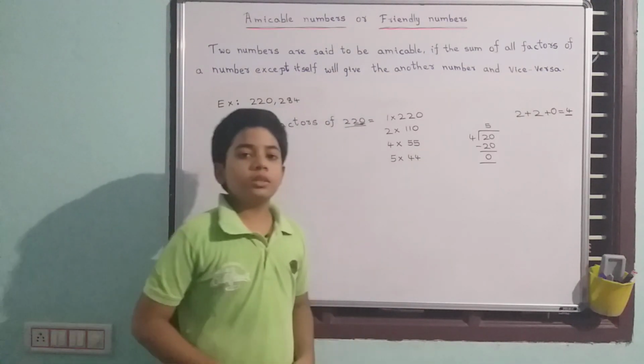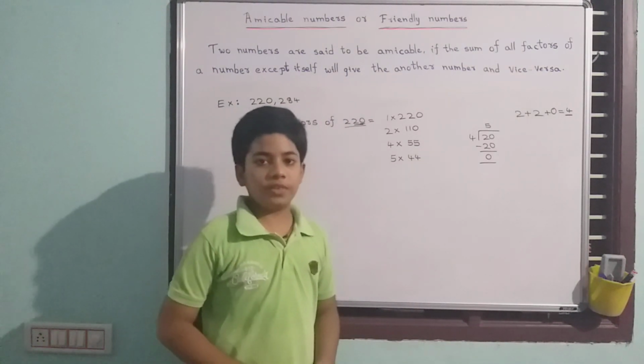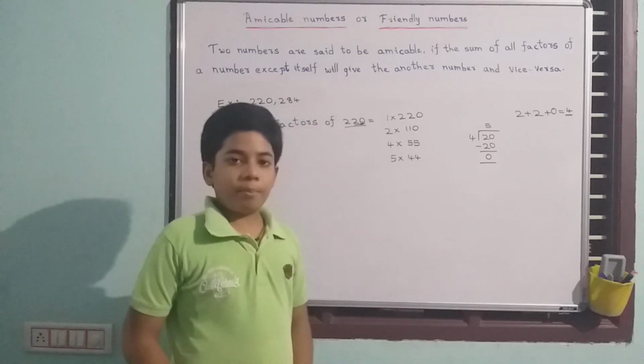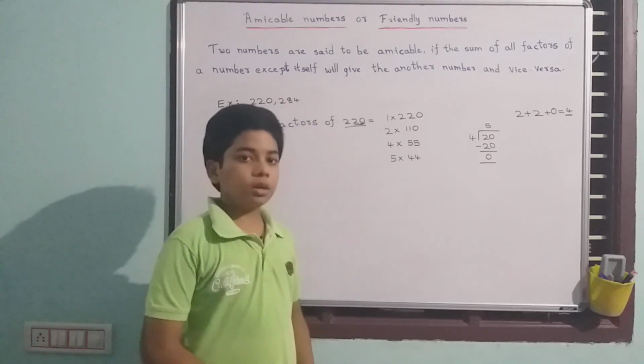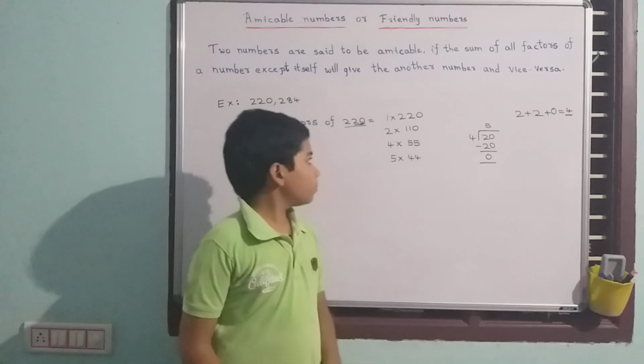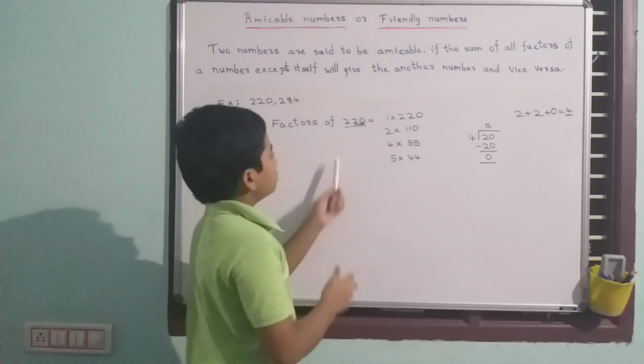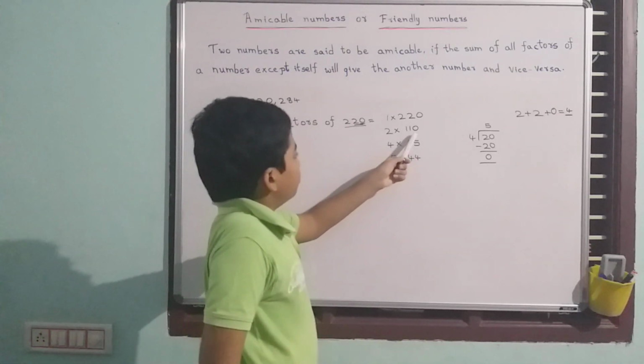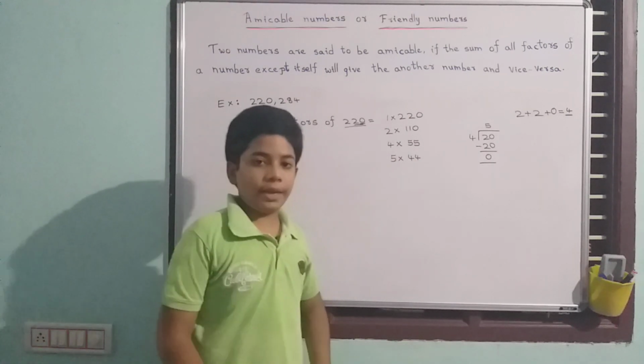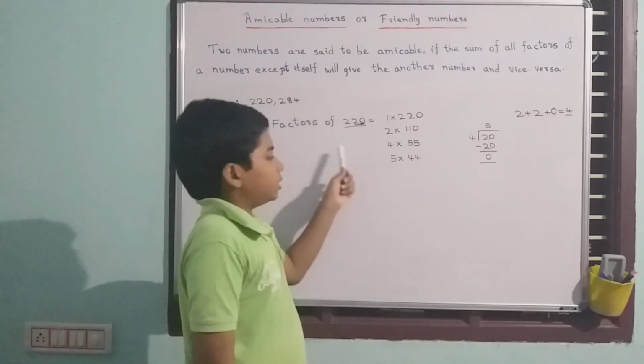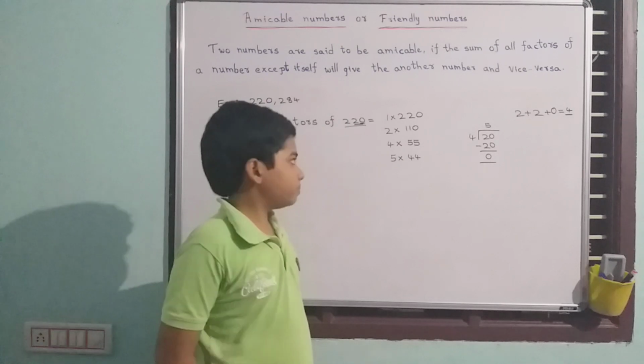Let us check with 6. The divisibility rule of 6 is the given number has to be divisible by both 2 and 3. Here 220 is divisible by 2, but it is not divisible by 3. So 220 is not divisible by 6.